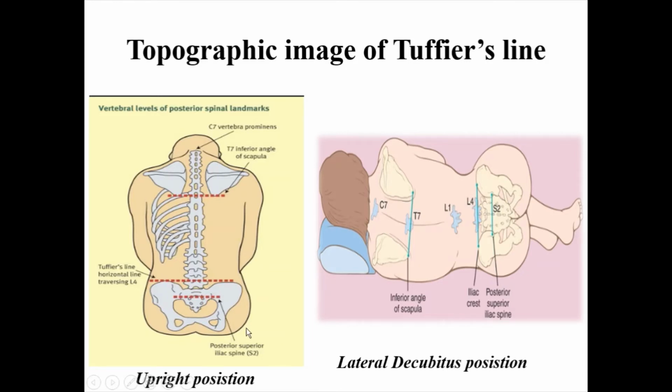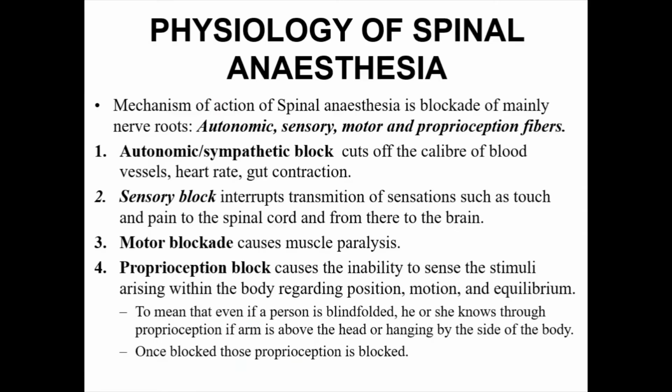In the upright position, it passes over the spine of the L4 vertebra, but it changes a little when the patient is in the lateral decubitus position. It passes over the L4 to 5 interspace.